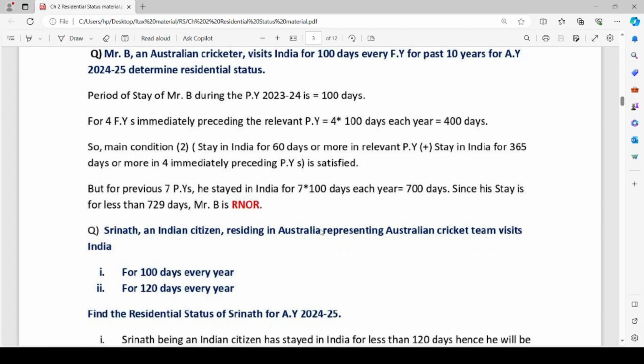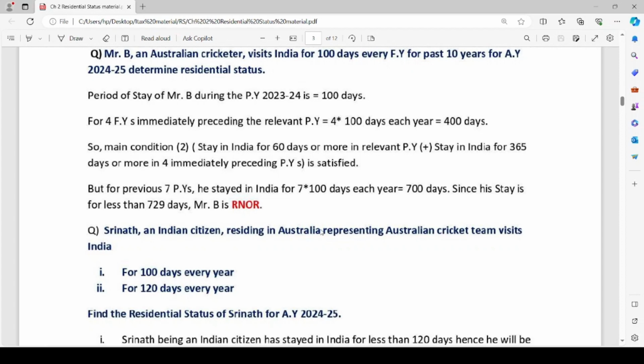In the question it has been mentioned that he visits India for 100 days every financial year. So in the previous year 2023-24 he must have stayed in India for 100 days. And for the 4 immediately preceding previous years, he must have stayed for 4 into 100 days each year, that is 400 days.